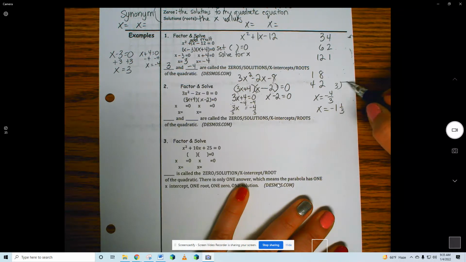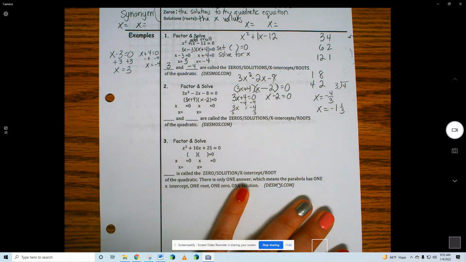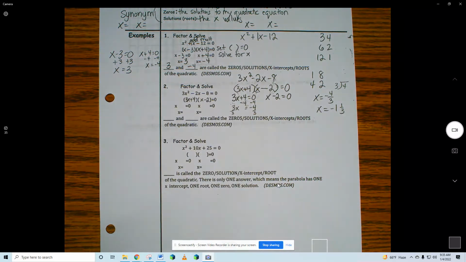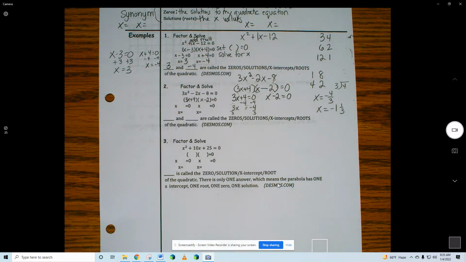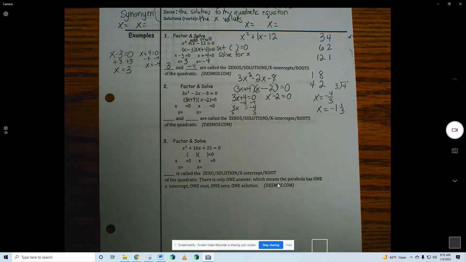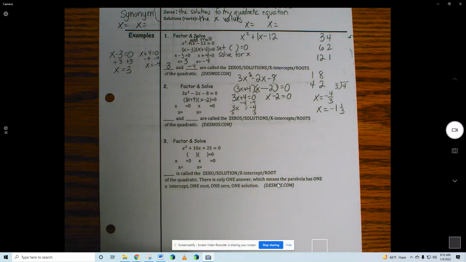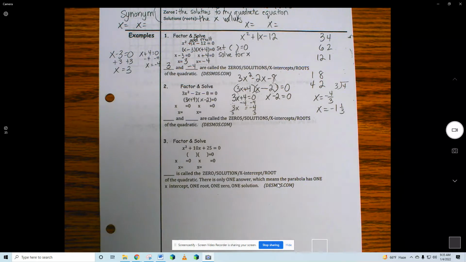This is how I did it. I went like that. How many times does 3 go into 4? I divided. Okay? All right.